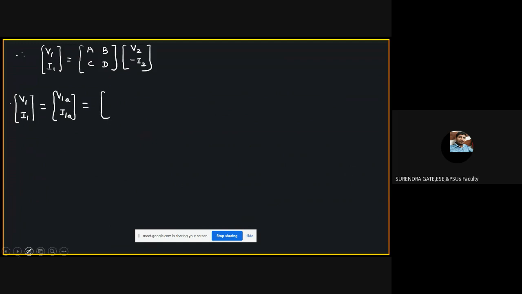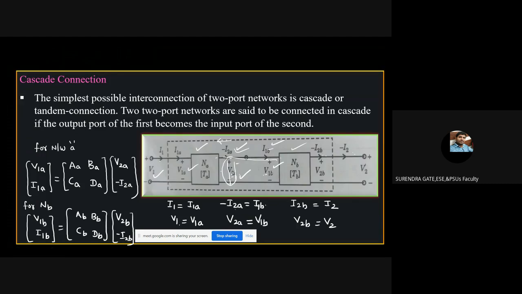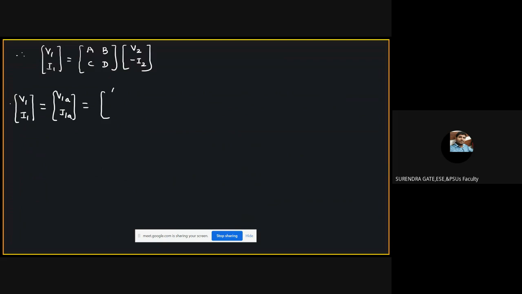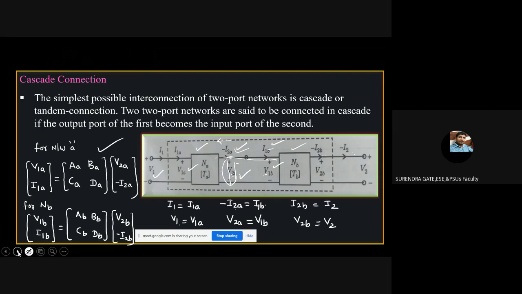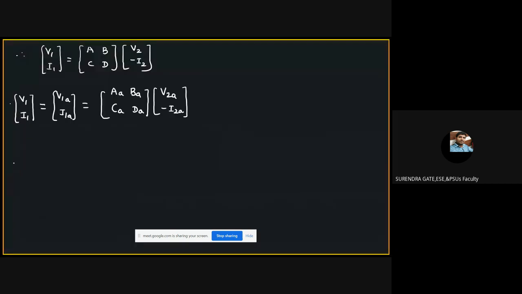That is the matrix AA, BA, CA, DA into V2A, minus I2A. Is it correct?